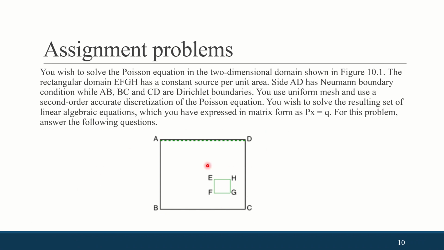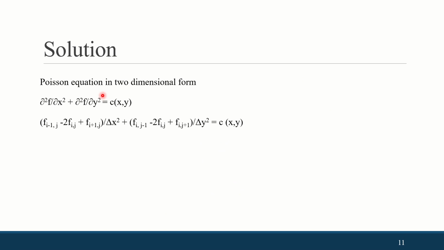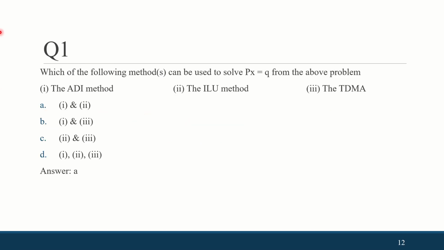And inside there was a small domain under our consideration, which had a constant source term. So we saw the Poisson equation in the two-dimensional form as this, discretized in the second order form using the central difference scheme.